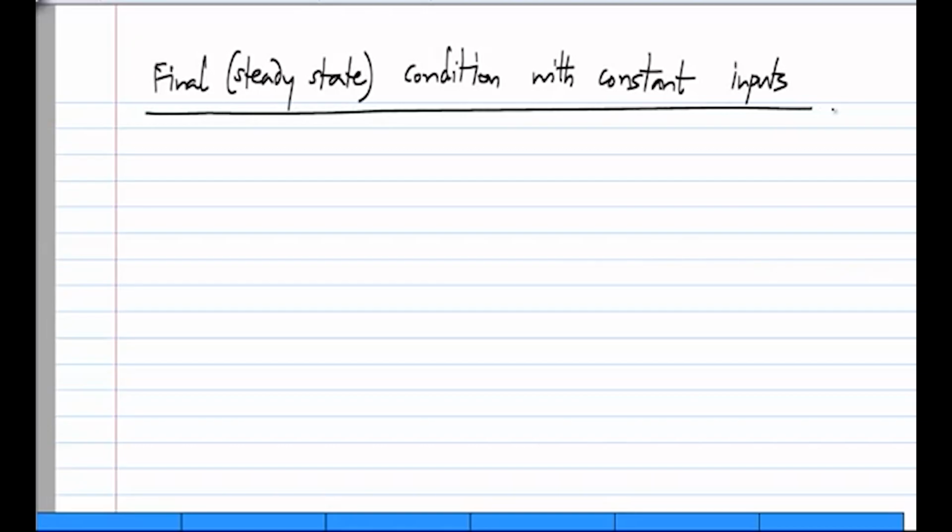Then the final condition or the steady state condition, with constant inputs. This is important.